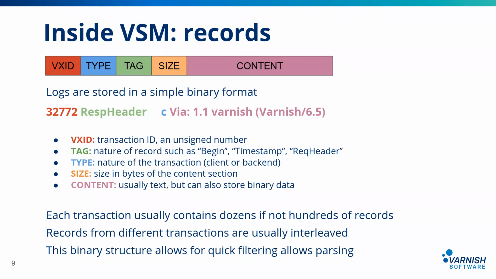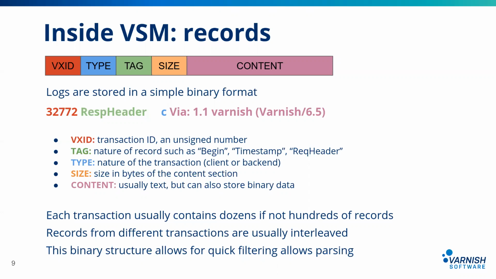And the second bit of information that we really want is the VXID, which is a fancy acronym for just transaction ID. Because a transaction, being a request from the client, a request to the backend, a TCP session, is basically a block that is going to contain a lot of records.